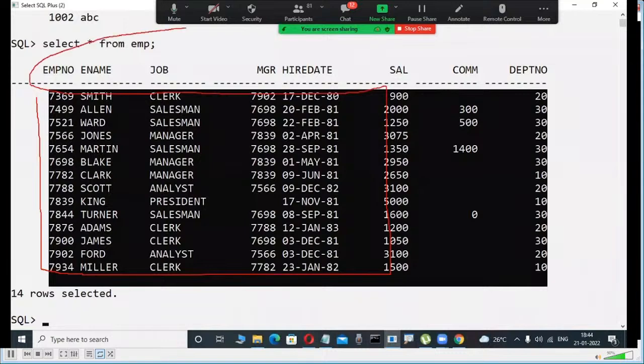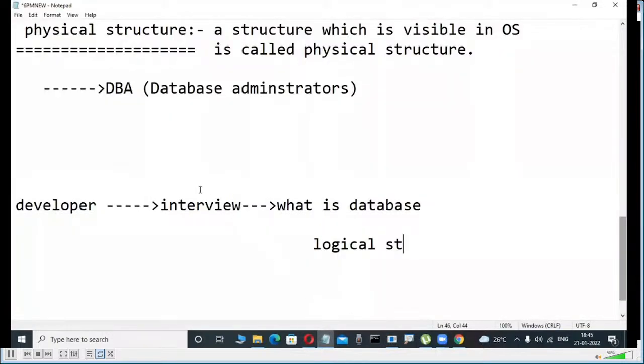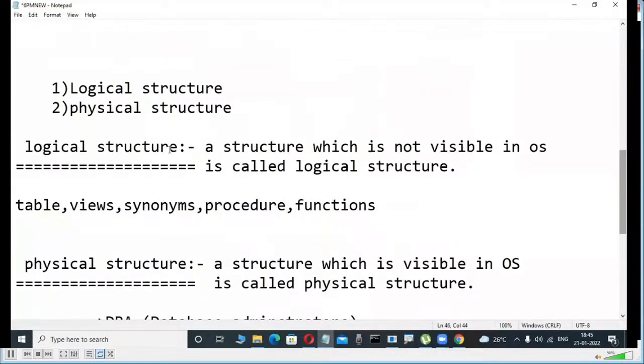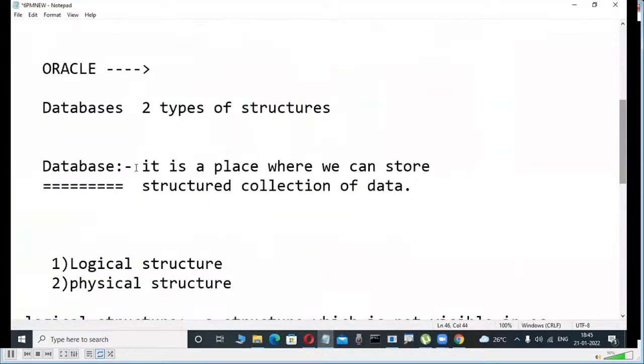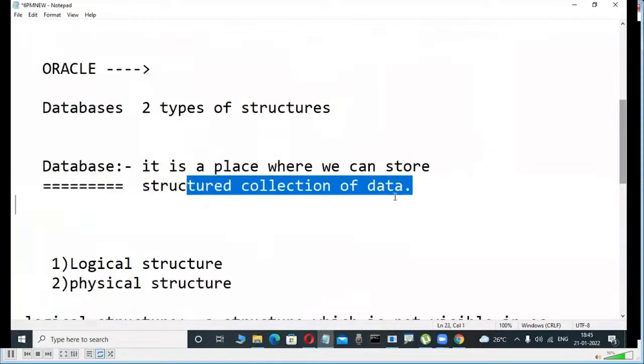Database is a place that stores a structured collection of data, because we are learning the relational database, logical side only. That's why in books, or when we type in Google what is a database, two definitions are there, but most of the developers write that it is a place where we can store a structured collection of data.